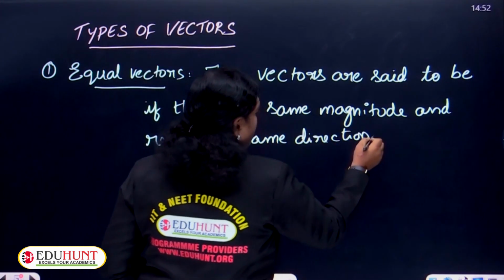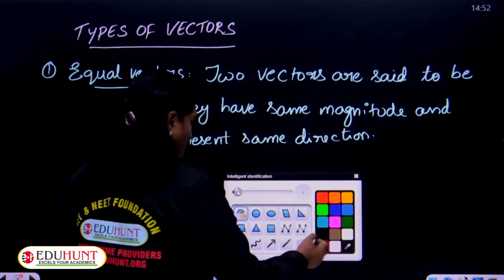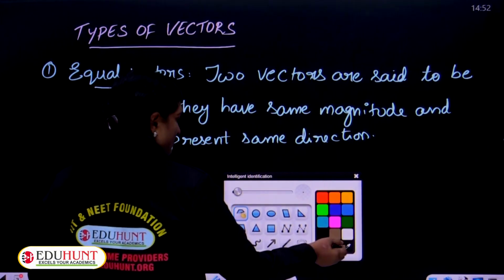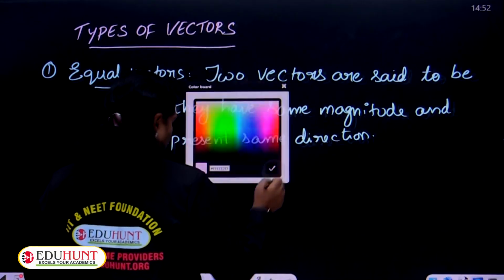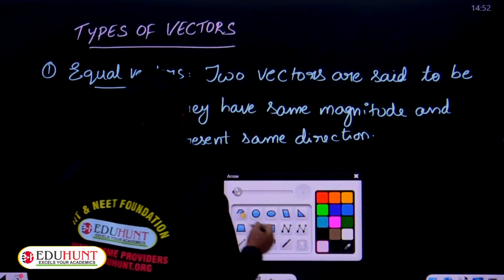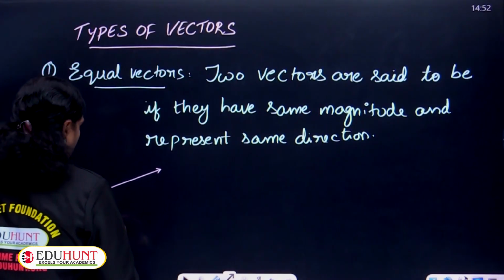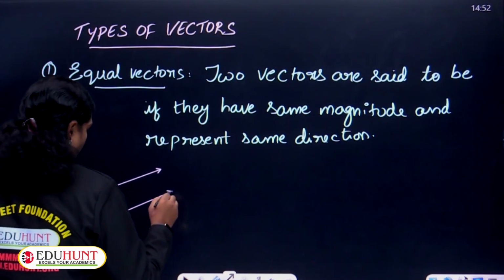Let us understand the same graphically. So, let us consider two vectors, vector 1 and another vector 2.